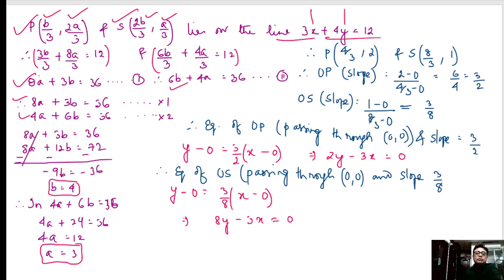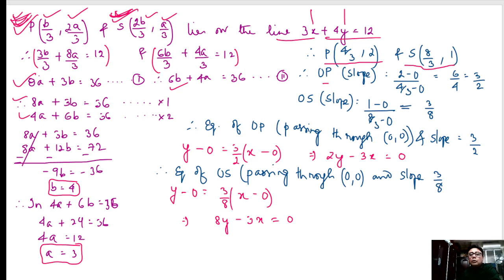Since we know a and b, we can easily find the coordinates of P and S by putting the values of a and b.